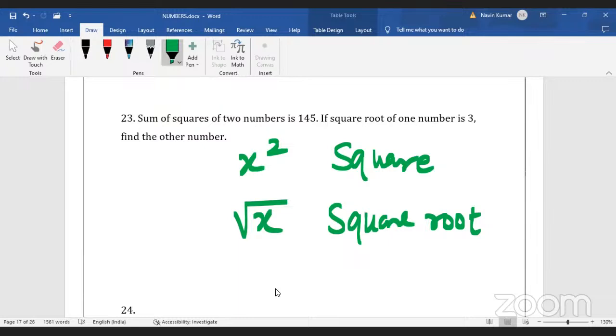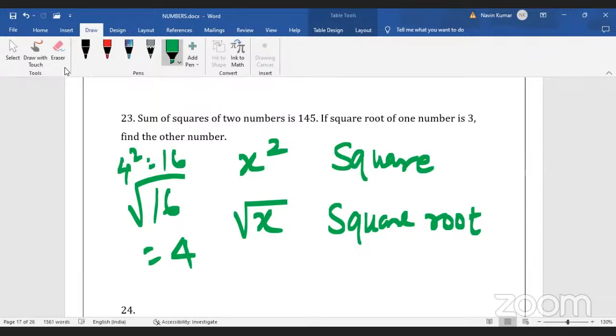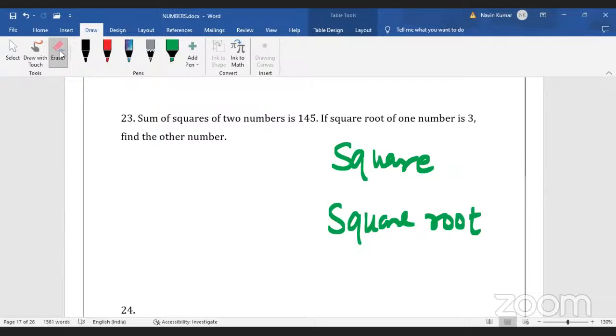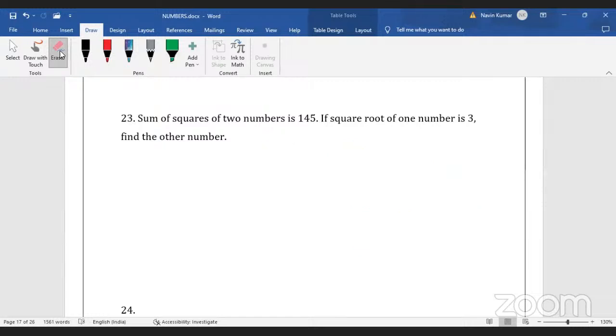Square root of 16 is equal to 4, and 4 square is equal to 16. You can easily solve this question using hit and trial method also, because this is very easy.